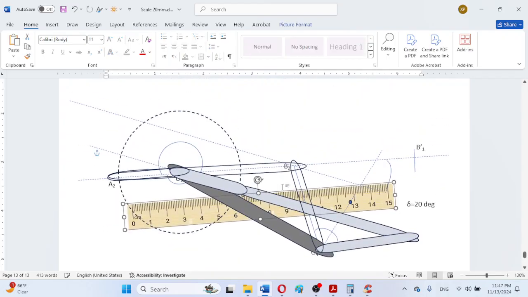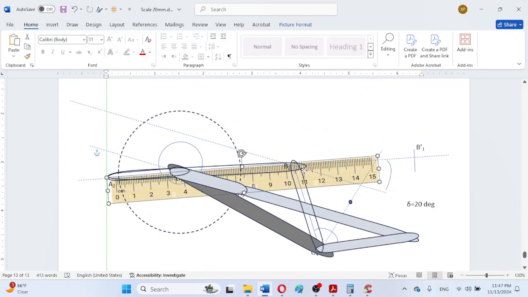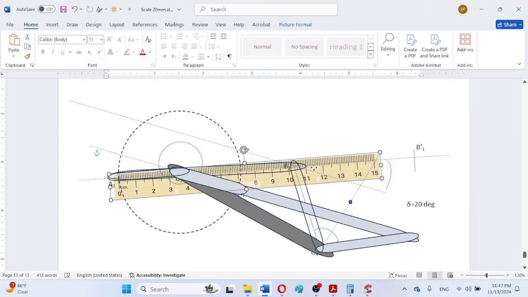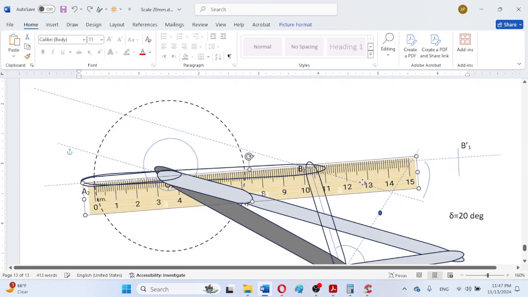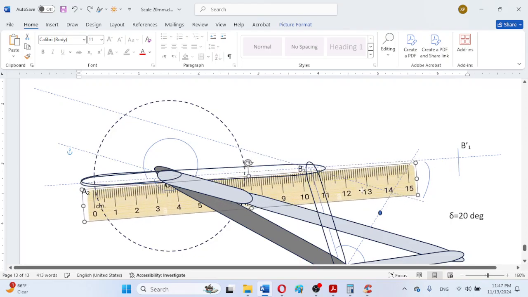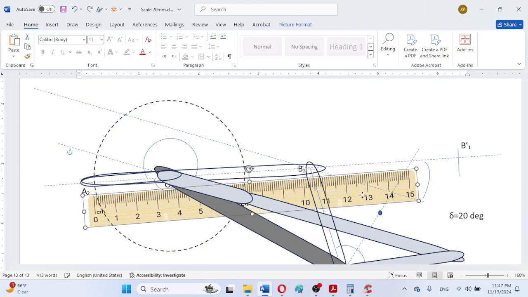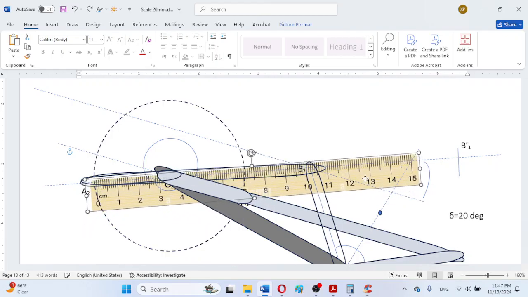We can measure B directly. Here we can zoom in, very carefully, that A2 to B2 is actually the length of the connecting rod.